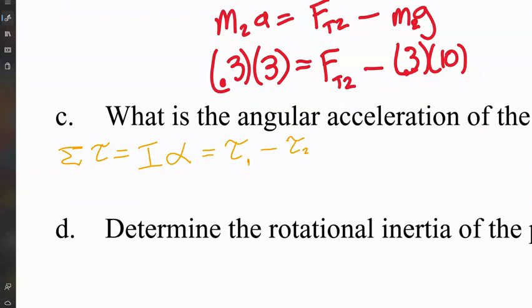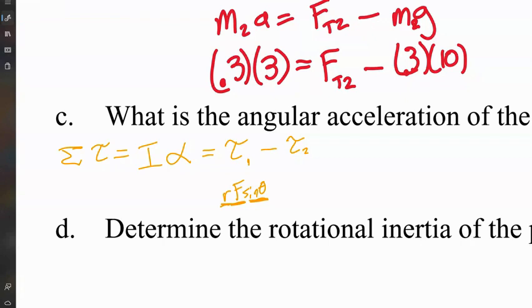Here's the problem with this. We could do rF sine theta, and we know the geometry for theta. We know the force of tension on each of these, and if you look at the top of the problem, we're told the radius of this wheel also. So we know all those pieces of information for torque 1 and torque 2.